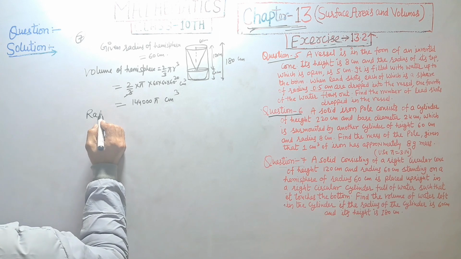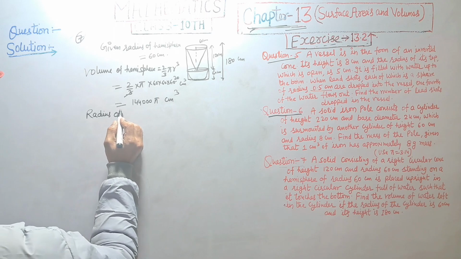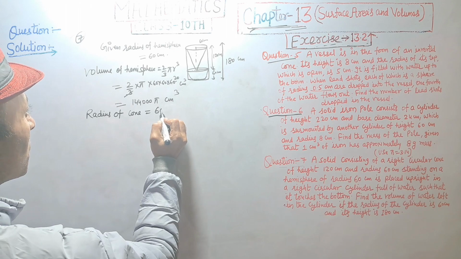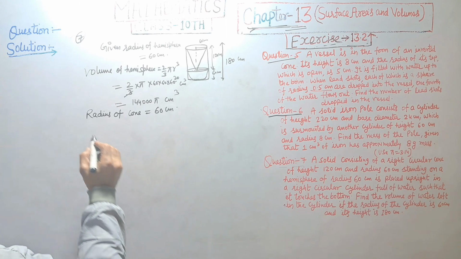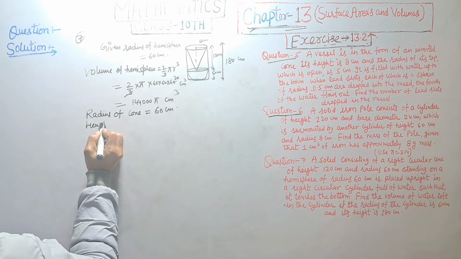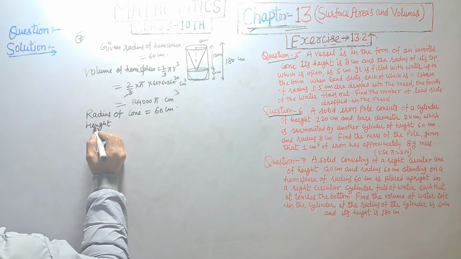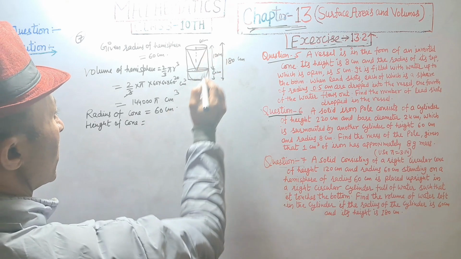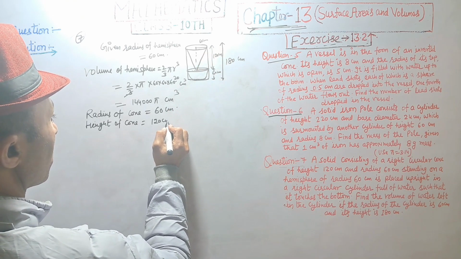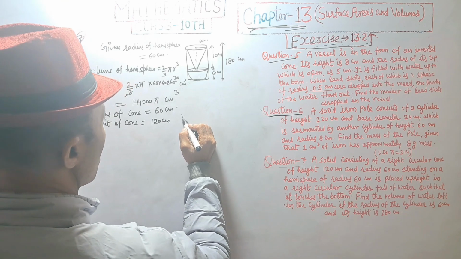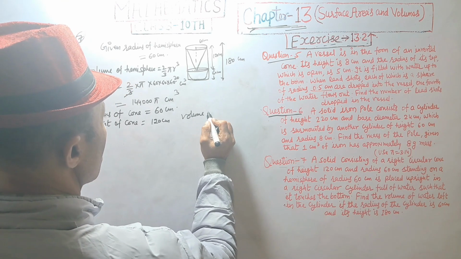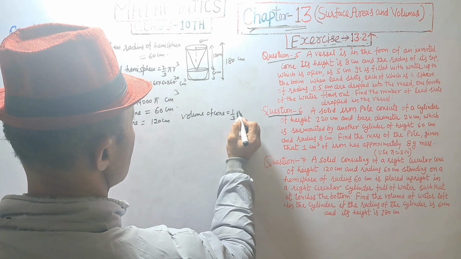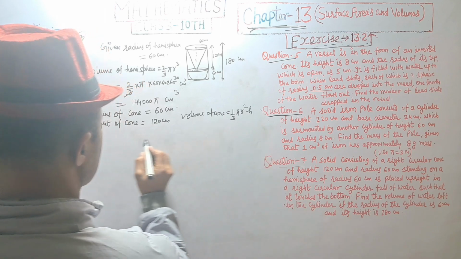And the radius of the cone is equal to 60 centimeter. Height of the cone is equal to 120 centimeter. Volume of cone is equal to 1 upon 3 pi r square h.